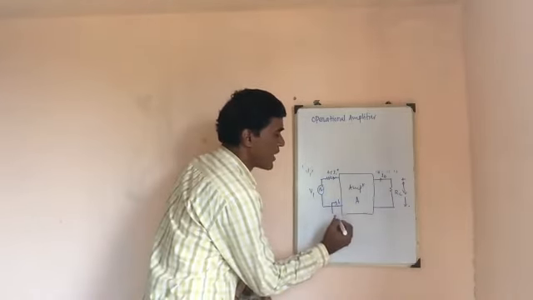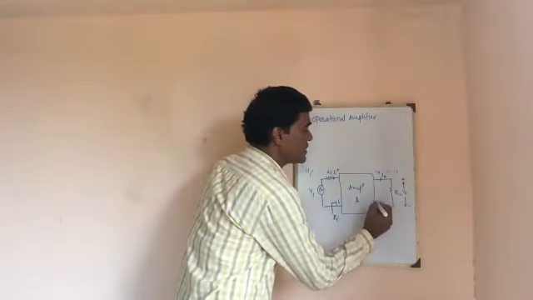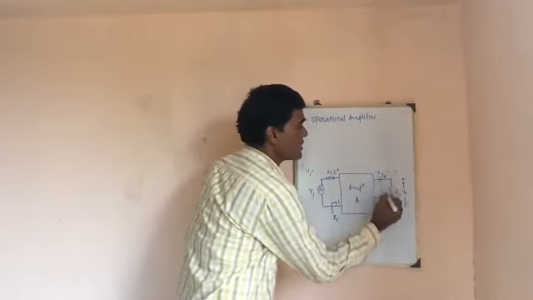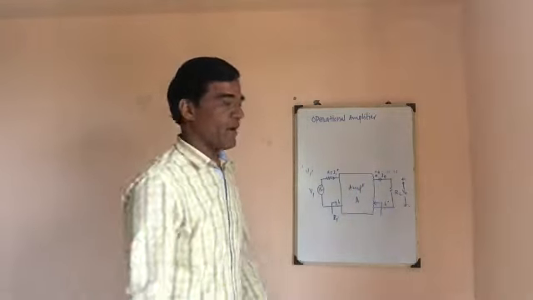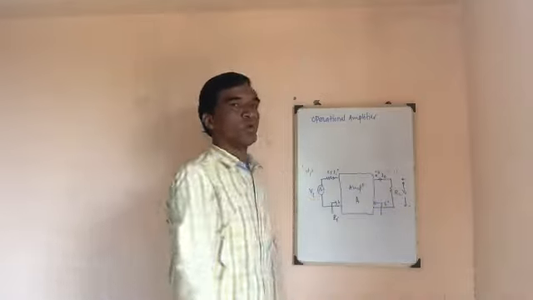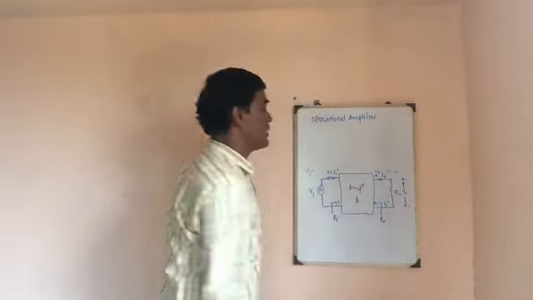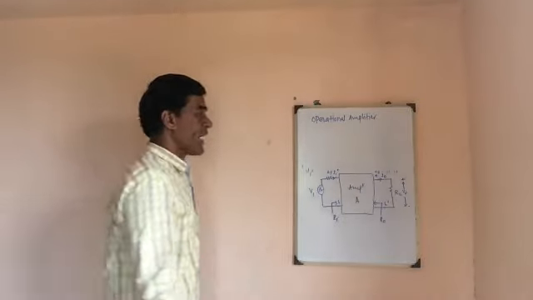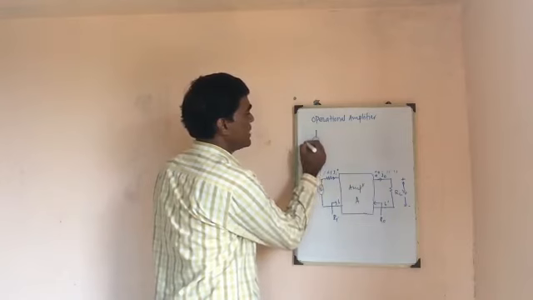Let us call this Ri. Similarly, I need to identify the resistance between the output terminals. Let us say these are A dash and B dash. If I find the resistance between the output terminals A dash and B dash, let us call this Rout.